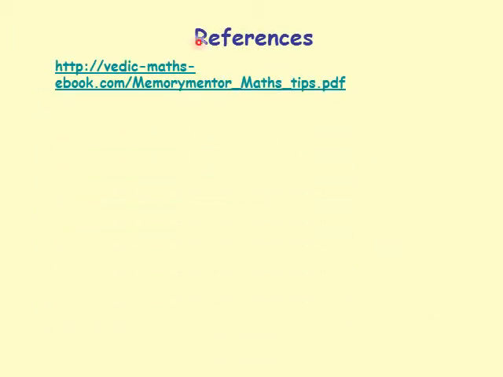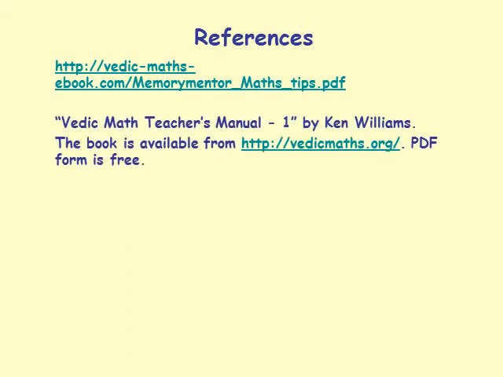Let's look at the references. The main reference for this video is this Vedic Maths ebooks.com memory mentor maths tips PDF, and I got most of the ideas for the video from this write-up, but I rarely use the same approach as this write-up does.